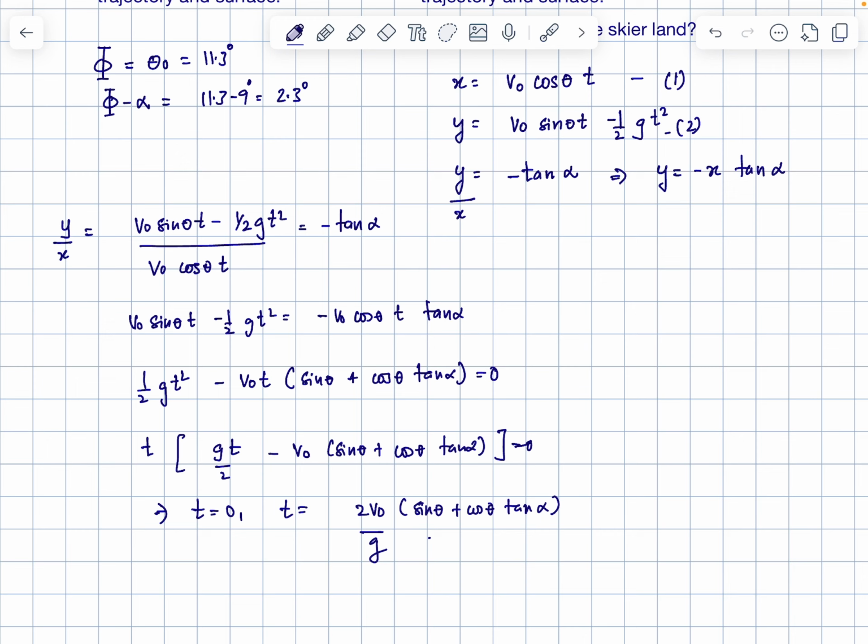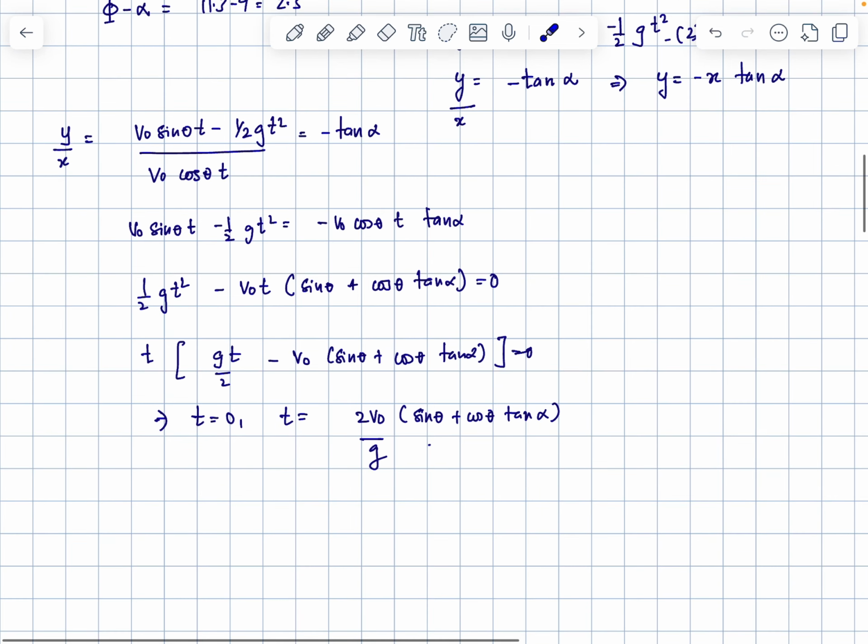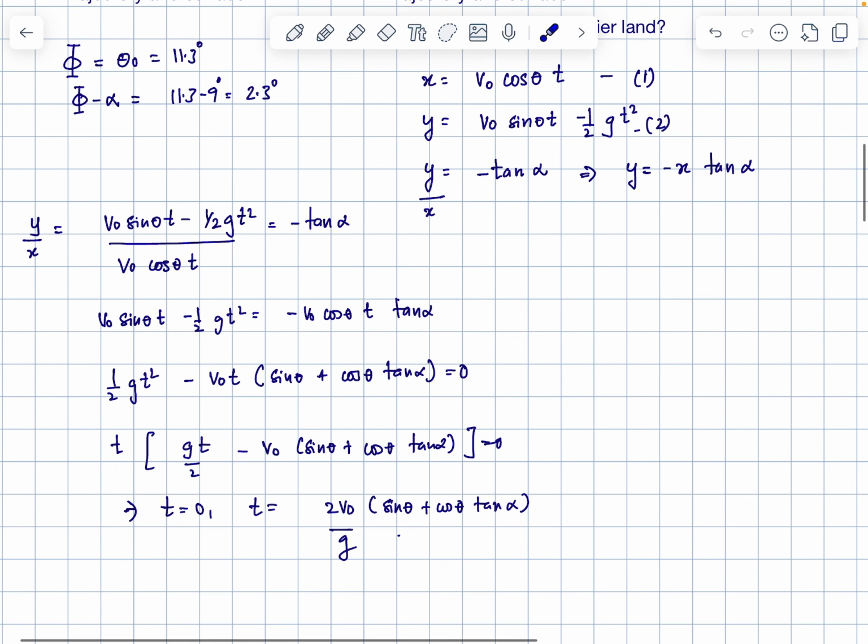So now we know the time of flight of the projectile, which is the skier in this case. So all we can do here is plug that in for x. Okay, so x equals v0 cosine theta times t.